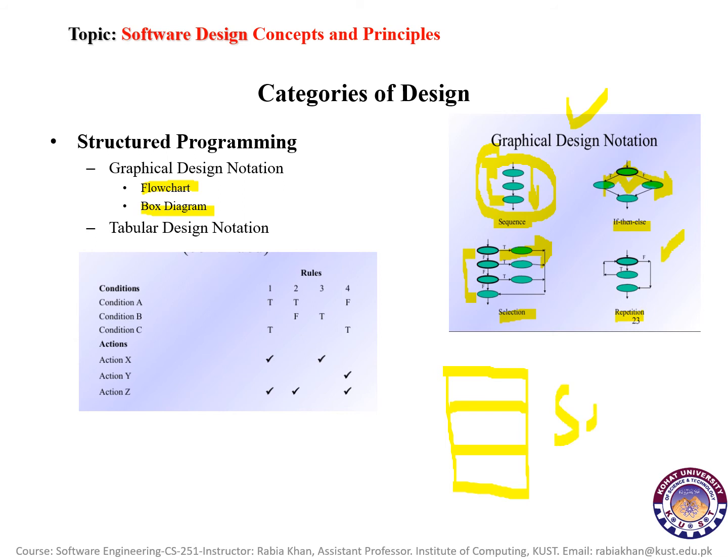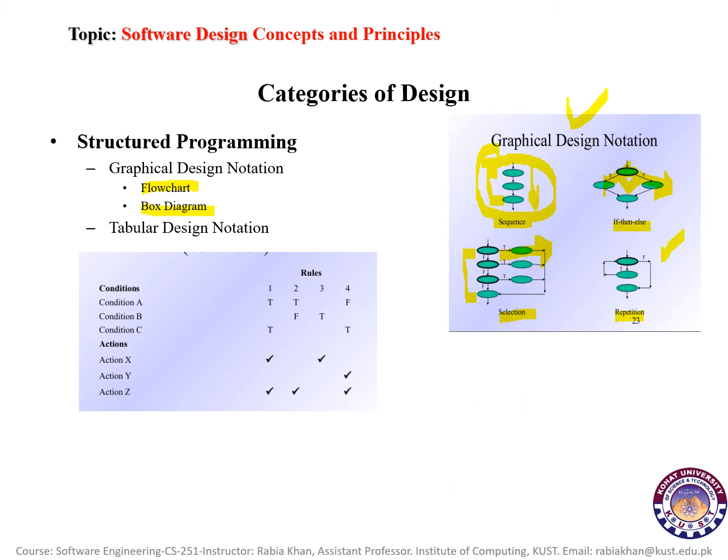So this shows the sequence of instructions similar to this one. First the sequence of instructions are written here in the first box, then the second, they are to be executed one after another. So this is the box diagram for sequence.